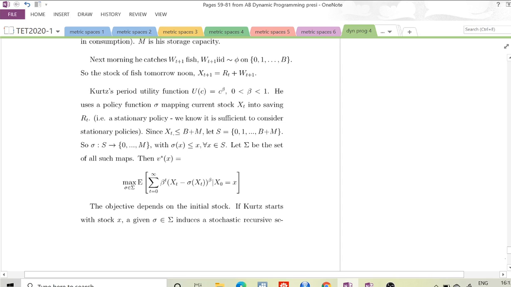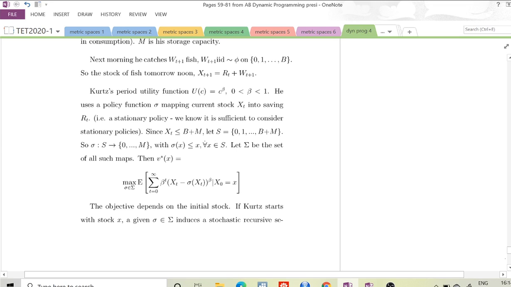Since the current stock x_t cannot be more than B plus M, where M is the maximum that could have been stored and B is the maximum that could have been caught, x_t must be less than or equal to B plus M. Effectively, we can say that our state space is the numbers starting with 0, going up all the way to B plus M. That's what any x_t will occupy, one of these.